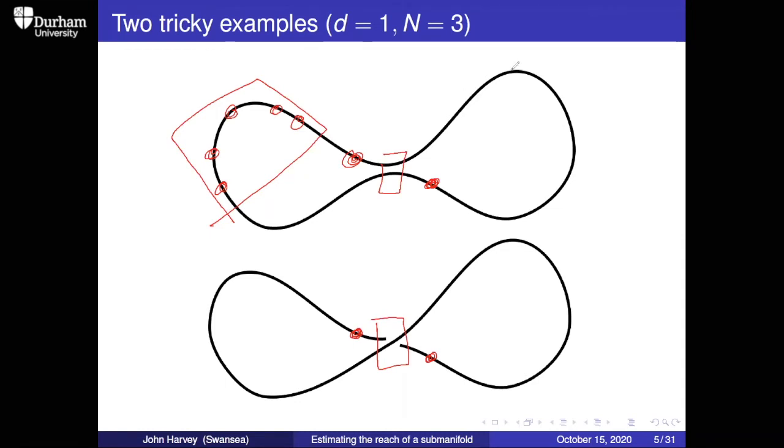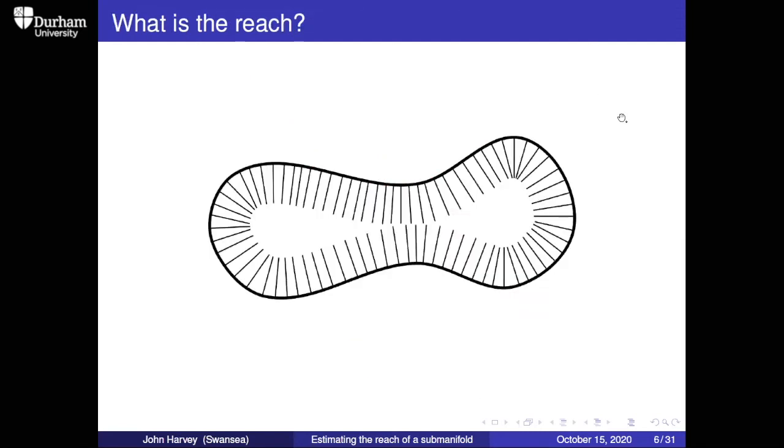And this is sort of the heart of what's happening. Curvature and bottlenecks together can be expressed in terms of something called the reach of a submanifold. So I'm going to start just with this picture, which shows a one-dimensional manifold. And I've decorated this manifold with a kind of a fringe. Little hairs sticking out all over the place. Normal vectors, really.